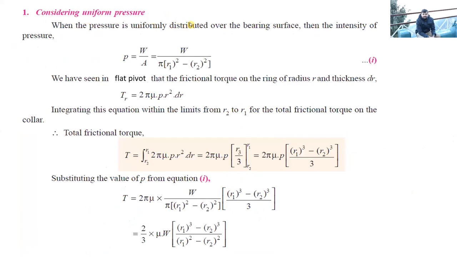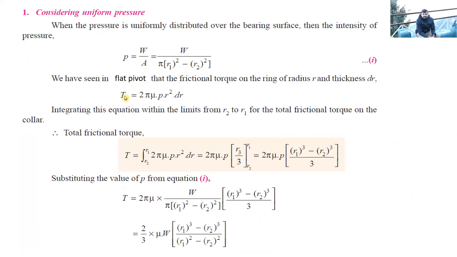Let's consider first the uniform pressure theory. According to uniform pressure theory, the pressure would be equal to load upon area. The load, which is the axial thrust, is W, and A is the area. So pressure comes out to be W upon pi (R1 square minus R2 square). Now for the flat collar bearing, we already derived the expression for the frictional torque acting on the elemental ring.